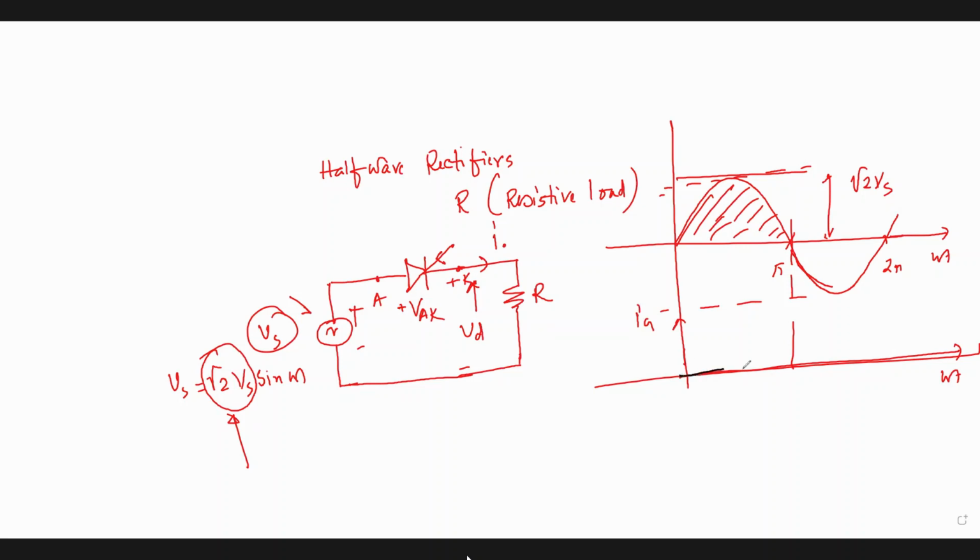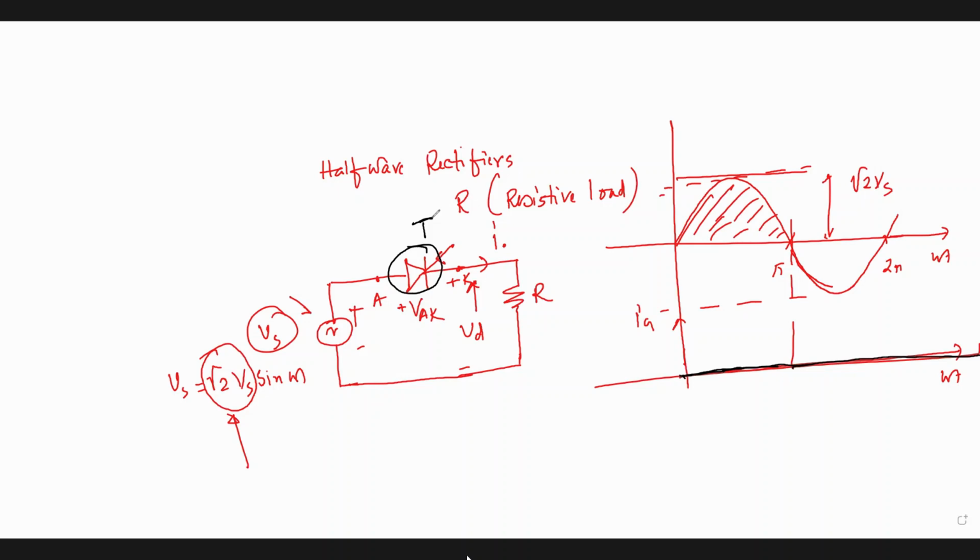Have we applied any gate pulse? No, sir. So if there is no IZ, what should be the switching position of this thyristor T? It will be on or off.